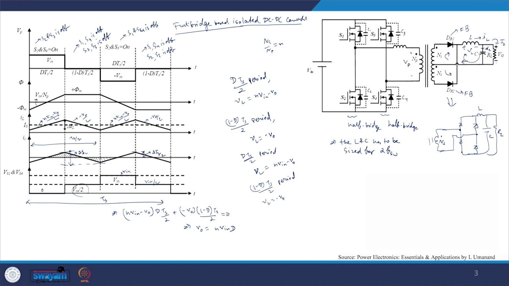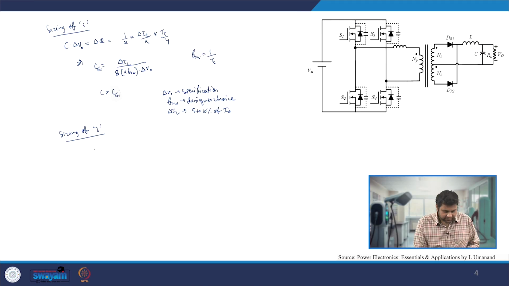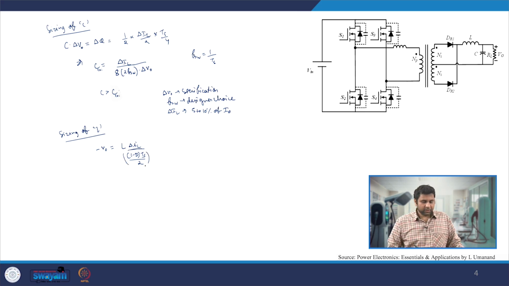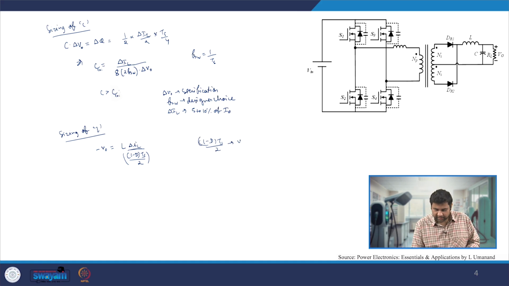If we look very carefully, in the (1 minus d)Ts by 2 period, we are applying minus V naught. So we can write that minus V naught is equal to L delta IL divided by the time (1 minus d)Ts by 2. This we can write because in the (1 minus d)Ts by 2 period we are applying VL equal to minus V naught.